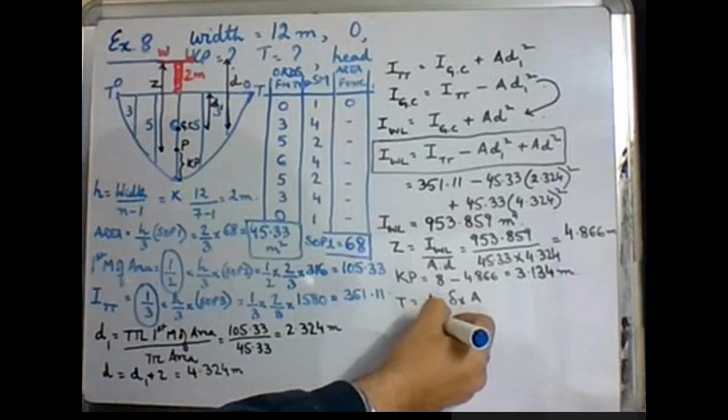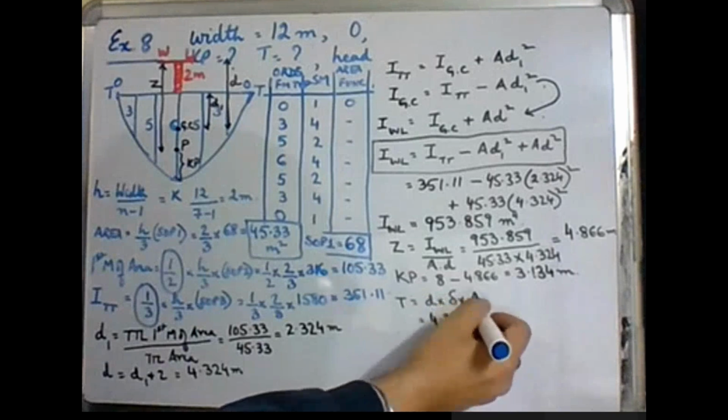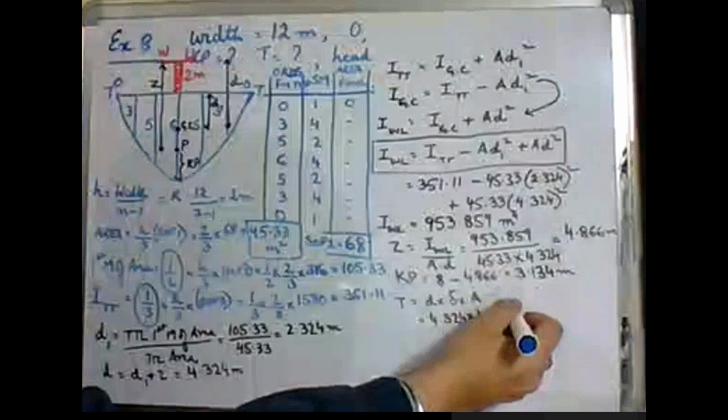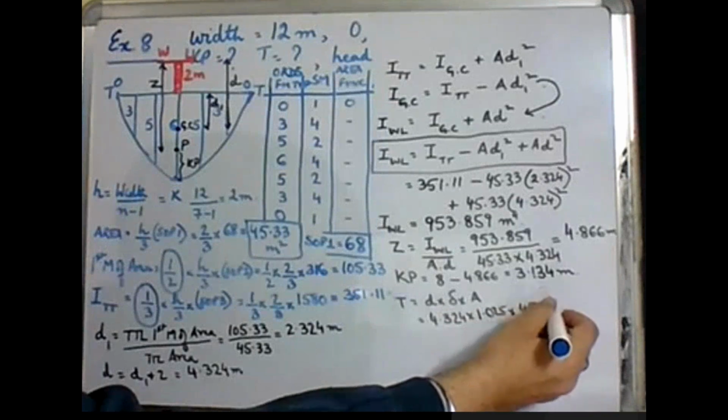Depth 4.324 into density 1.025 into area, which is 45.33.